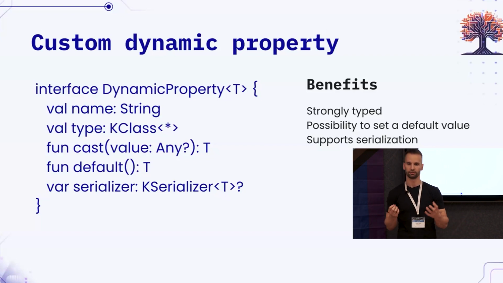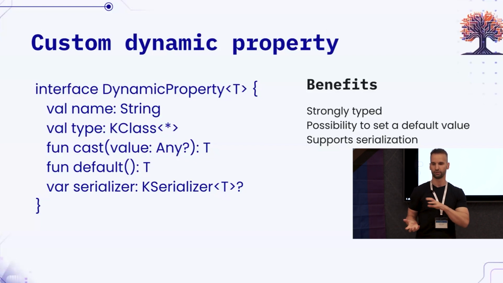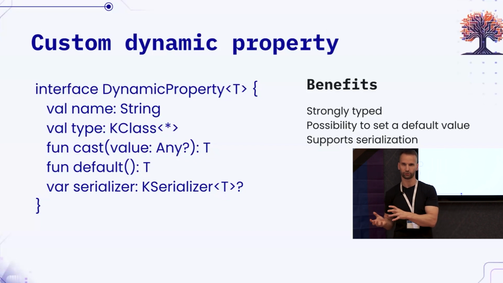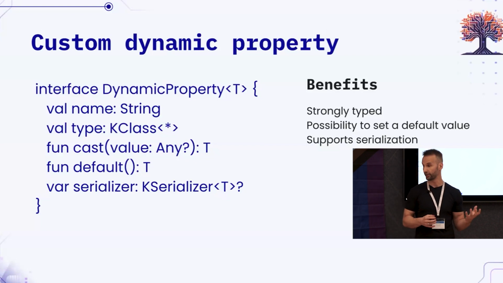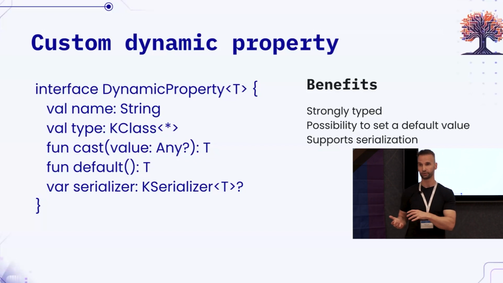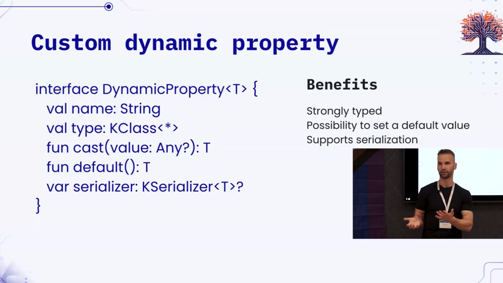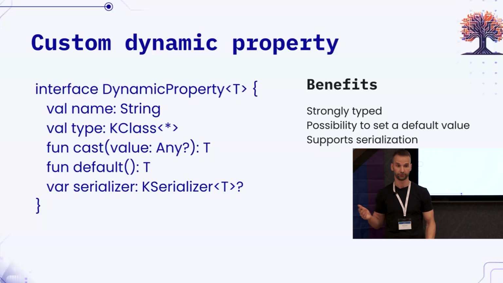It's quite a risky operation, and in the SDK I use the cast operation only as the last resort. And then the default value allows me to declare a default value. It's a function which I can provide to the constructor of the dynamic property, and that function provides the default value if there is no value found in the JSON, say.